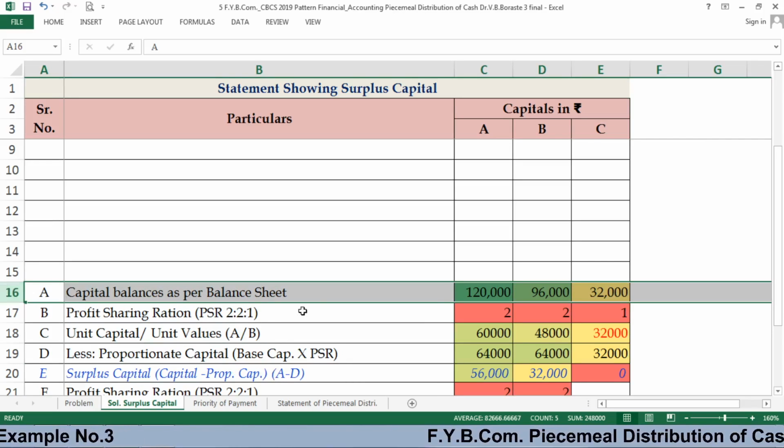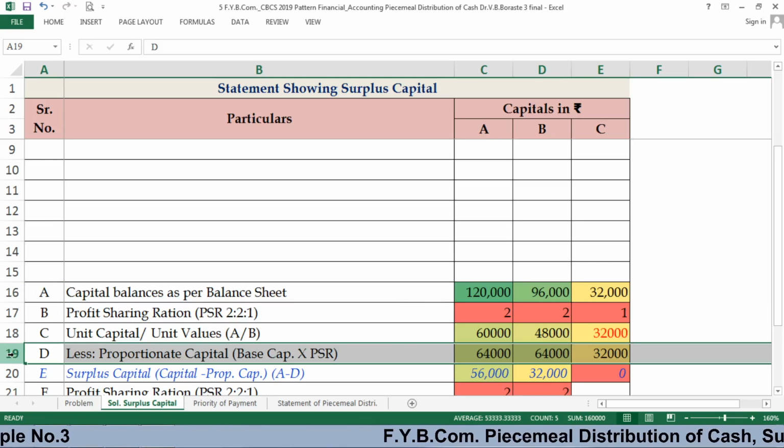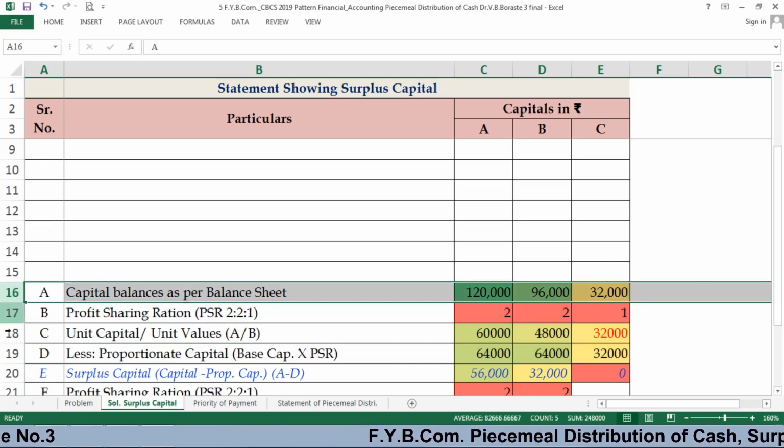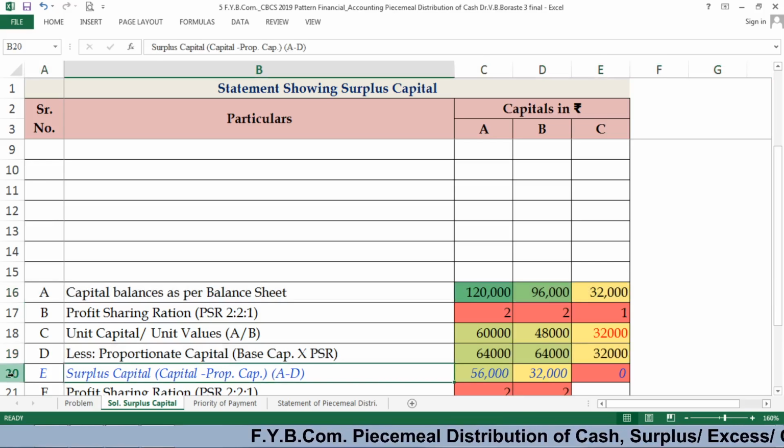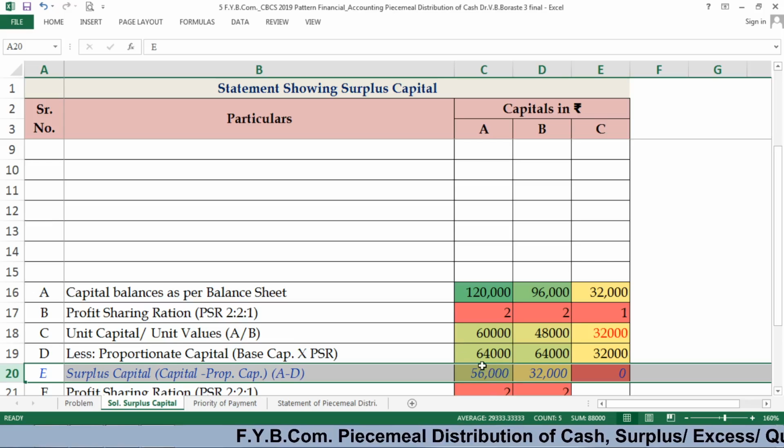We are going to deduct the amount which is proportionate capital, that is, we are going to deduct D from A. So 1,20,000 in case of Mr. A minus 64,000, the answer is 56,000. 96,000 minus 64,000, the answer is 32,000. So the surplus capital of A is 56,000 and B is 32,000.